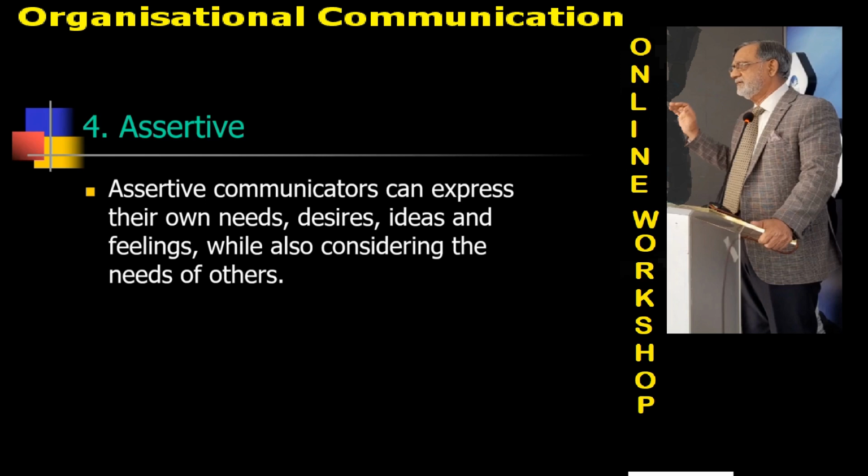That is assertive. Normally, in good houses, we find the parents are kind but assertive. They are loving but assertive. They are affectionate but assertive, because they have to keep the children on the right path. And obviously, for that, the parents need to be assertive.